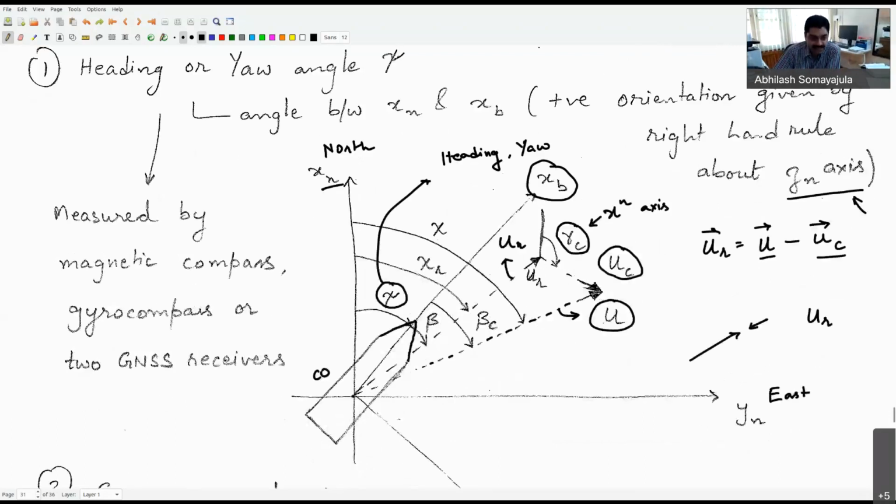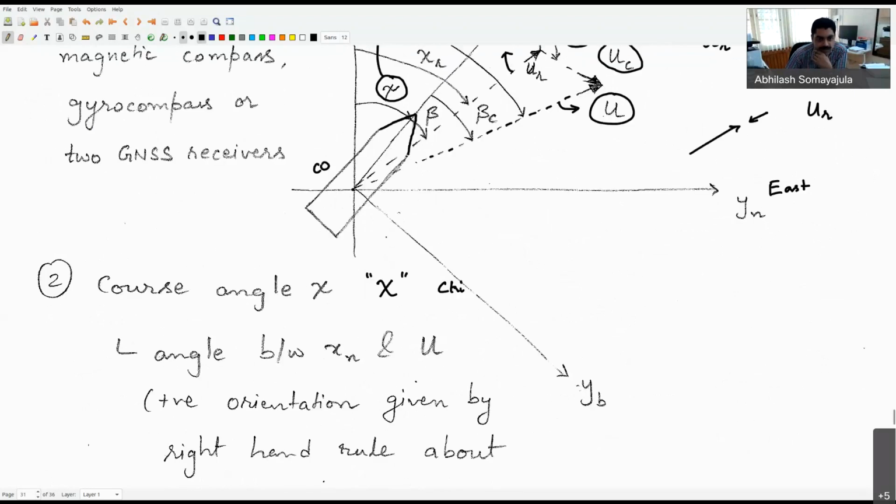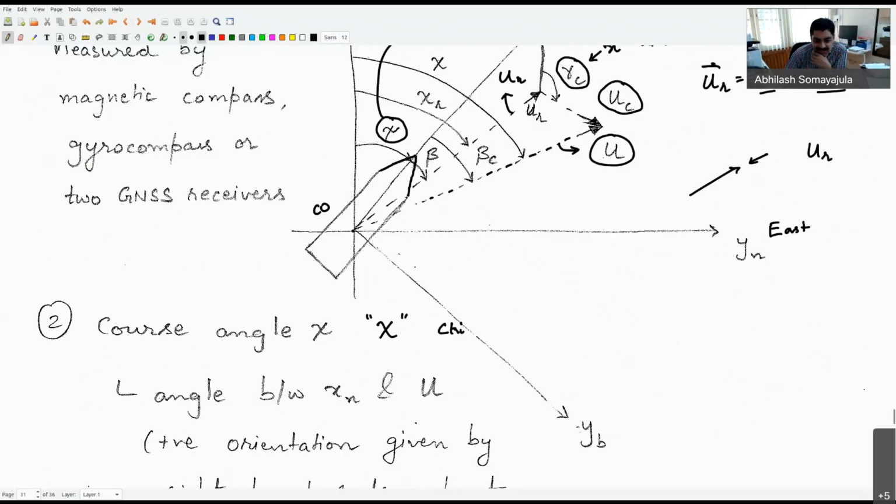The next angle that we will talk about is the course angle chi, pronounced CHI. This course angle is defined as the angle between the x-axis of the NED frame and the absolute velocity vector of the craft.